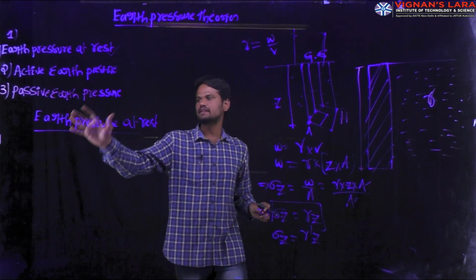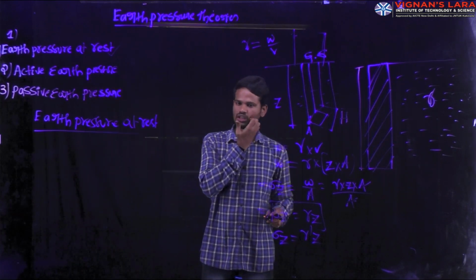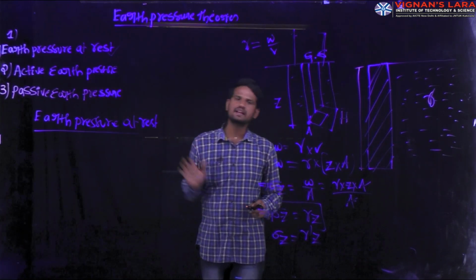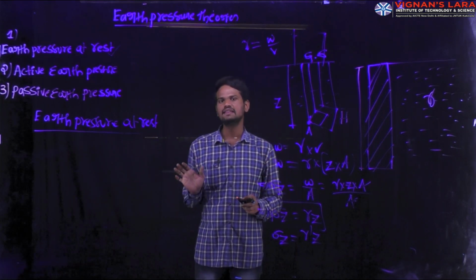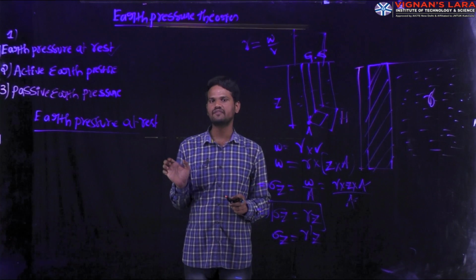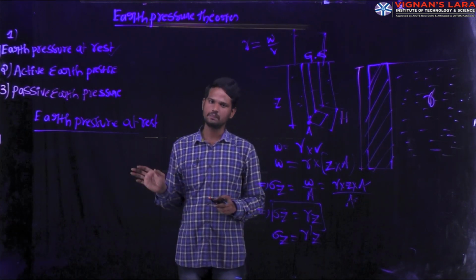Based on the type of the soil condition, we have to calculate the vertical pressure. Already we have discussed earth pressure at rest condition, active earth pressure and passive earth pressure. Earth pressure at rest, by definition, is the ratio of horizontal effective pressure to the vertical effective pressure.